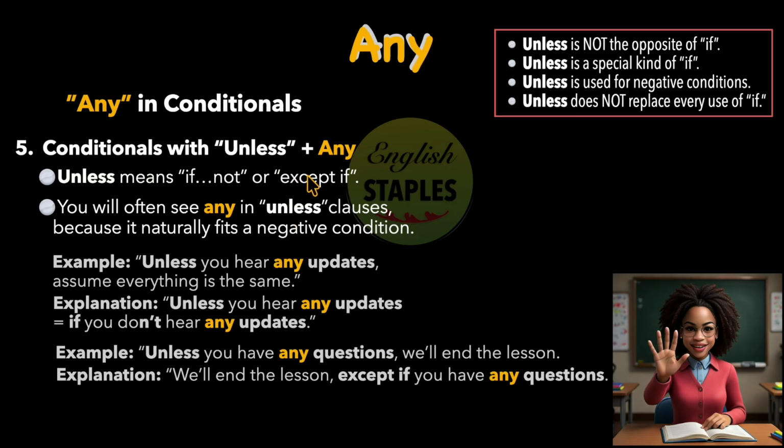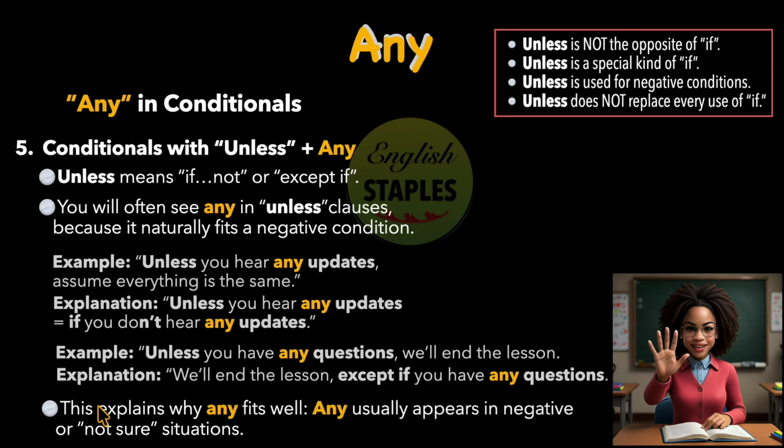So we're seeing except if being used here for unless. In the first example, we saw if you do not, so if not, and now we see except if in the explanation of the second example. This explains why any fits well. Any usually appears in negative or not sure situations.